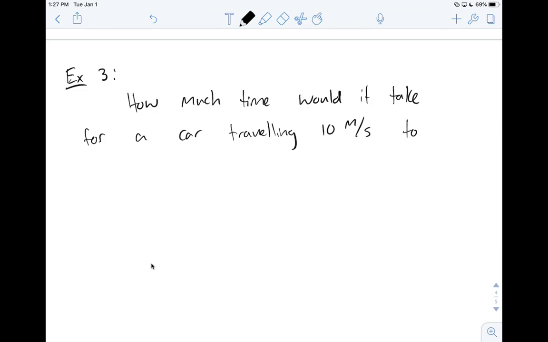How much time would it take a car traveling 10 meters per second to travel a distance of 100 meters?